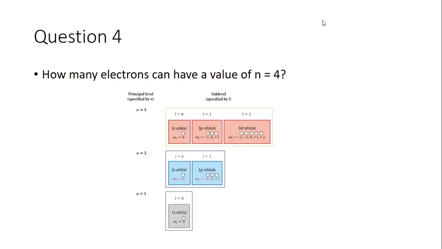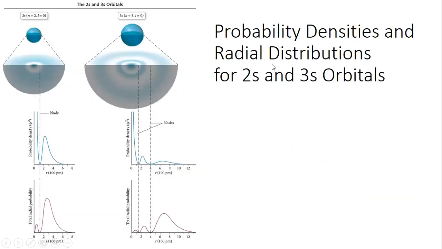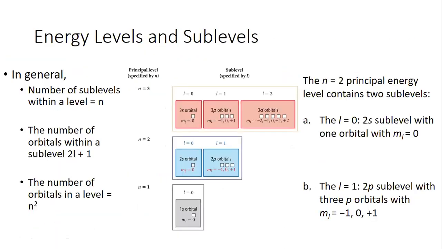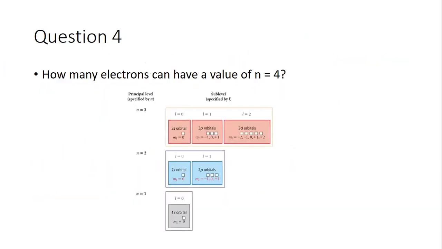And let me just go back to the math on that. To figure out the math, it's n squared for the number of orbitals, and then you multiply that by 2. So it should be 32.